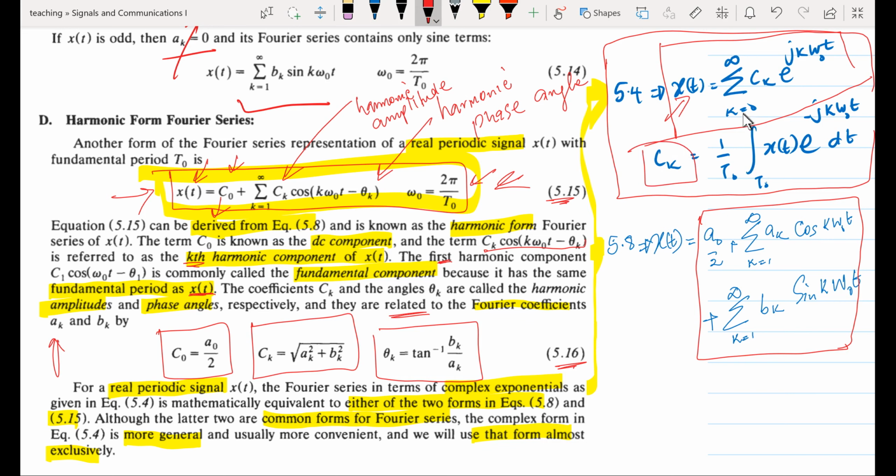This is the most commonly used form of Fourier series representation. The other two, the trigonometric form 5.8 and the harmonic form 5.15, are equivalent to it, but the complex exponential form is the most general and the most common, and we are going to be using it almost exclusively.